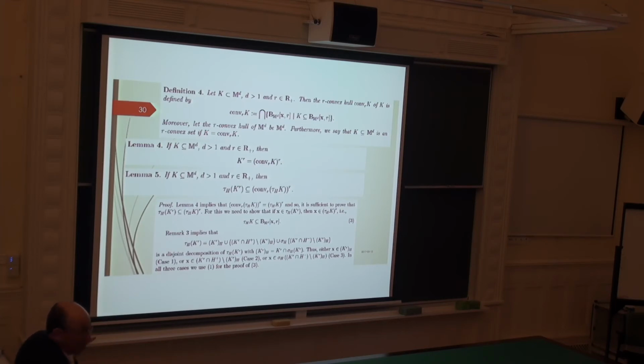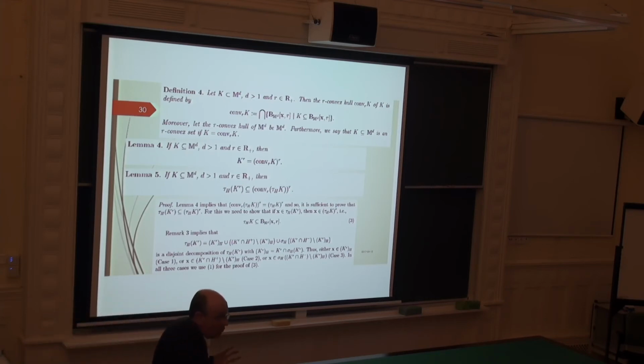Now this is a useful thing, because when you look at an arbitrary set K, its R-dual set is the same as the R-dual set of its R-convex hull. This is a little lemma, which is not difficult to prove at all.